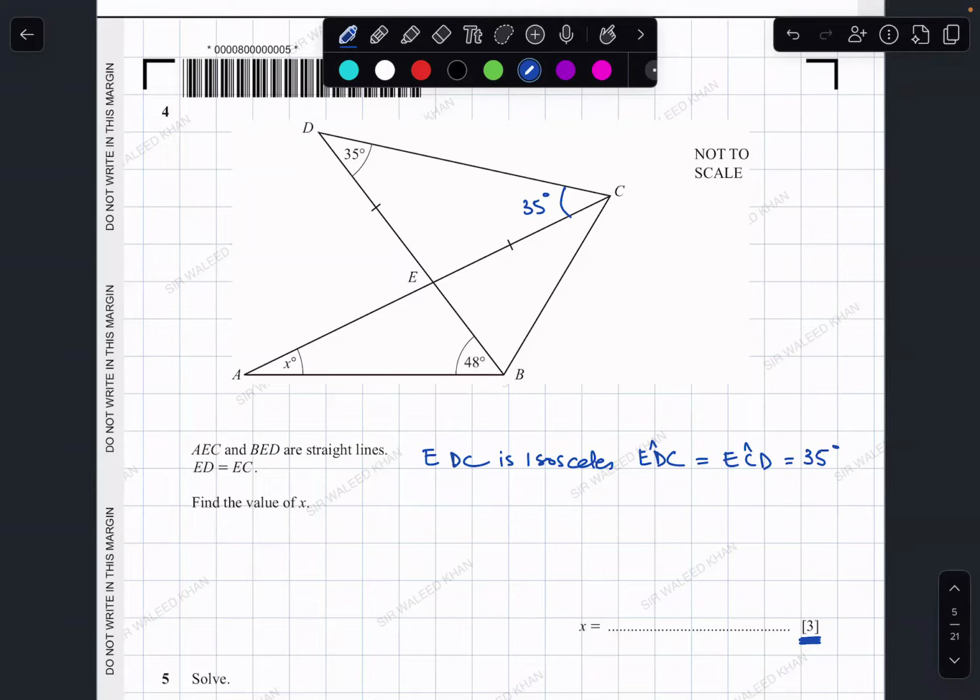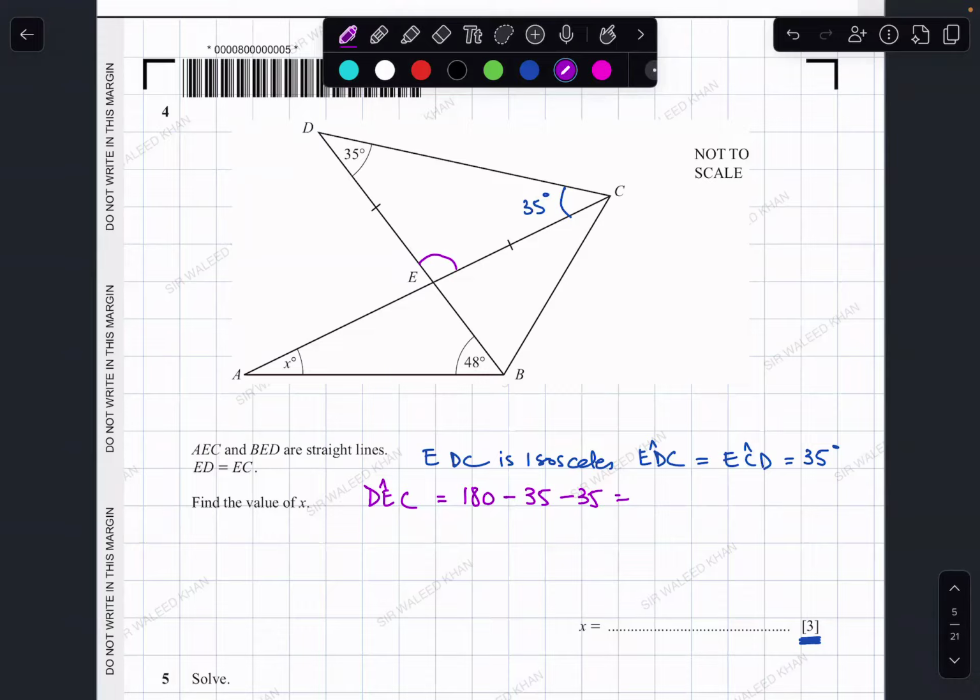Right? Next, to find this angle over here, sorry, this is the third angle in a triangle. So we can say that DEC is 180 minus 35 minus 30, which is 70.